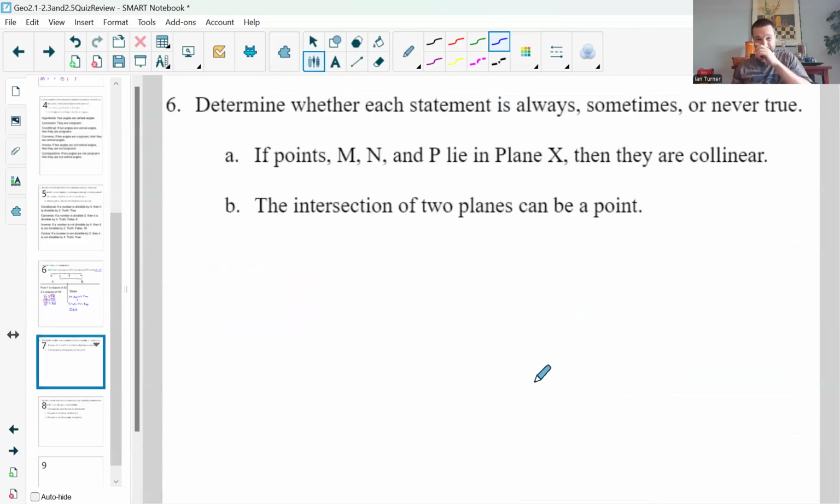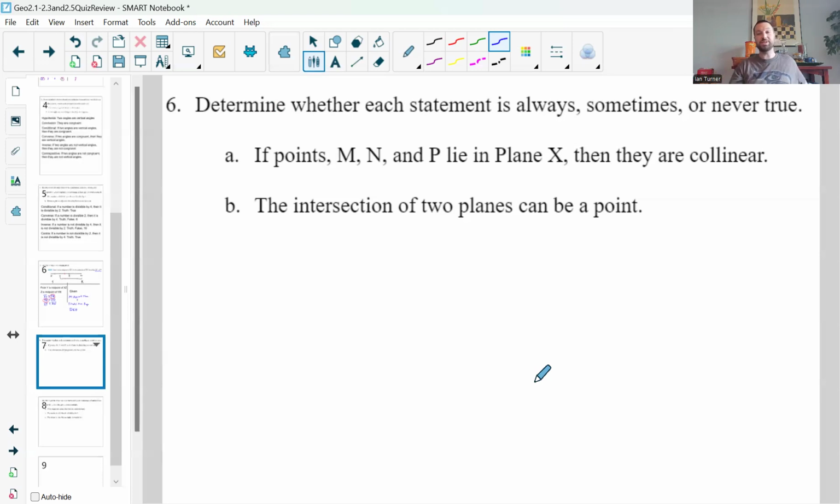Determine whether the statement is always, sometimes, or never true. If points M, N, and P lie in plane X and they are collinear. Interesting. Okay, so we got 3 points in a plane. They don't say how they lie in that plane. They don't say that there's only one plane that goes through them.